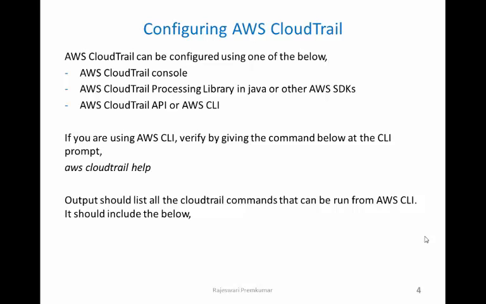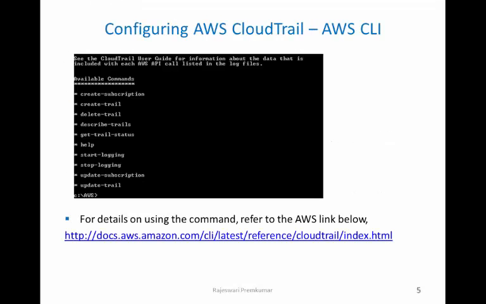setting. And then if you are using the AWS CLI commands, you might want to verify if the CloudTrail feature is already installed. So you can just type in aws cloudtrail help in the command prompt. Once you type it, you should get an output which should include these commands, like the create-subscription, create-trail, delete-trail, etc. So I checked it on my machine, and I did not have to do any additional installation to have these commands working.